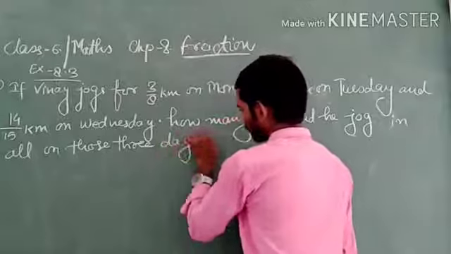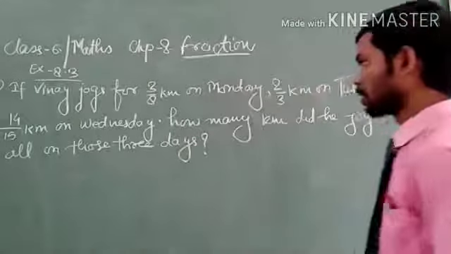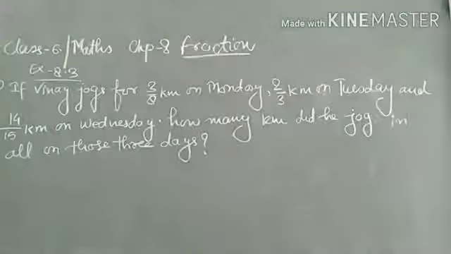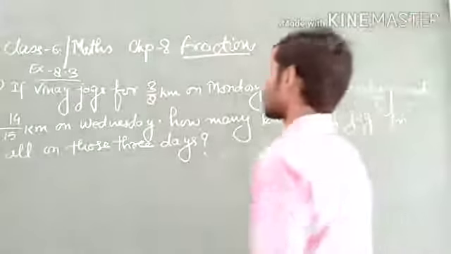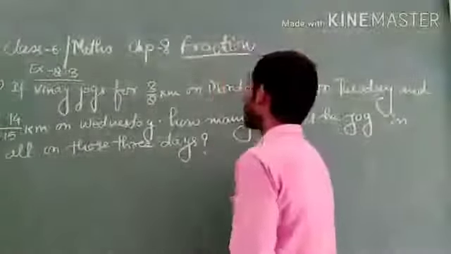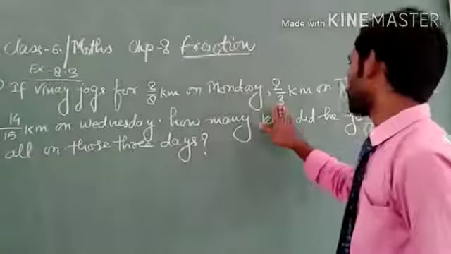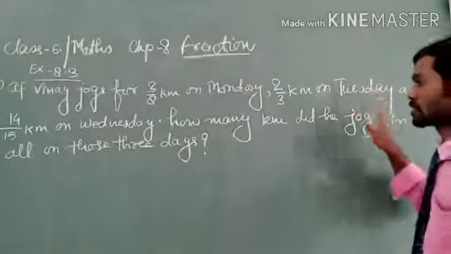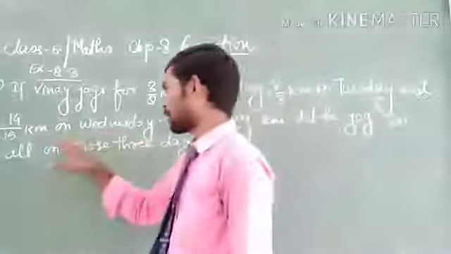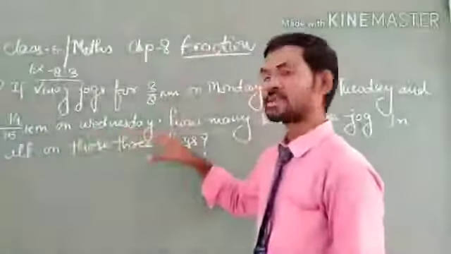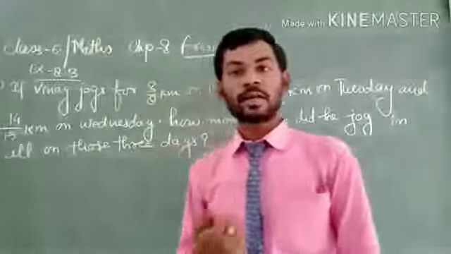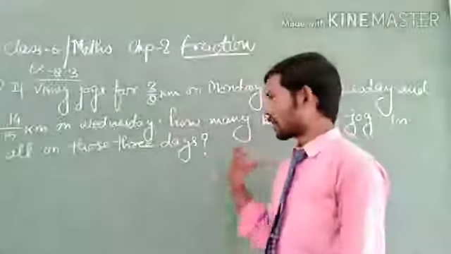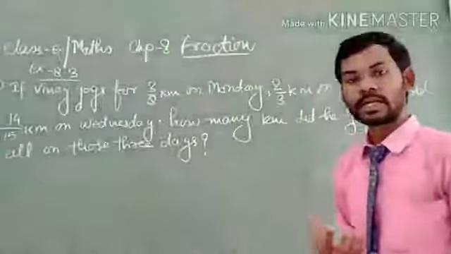So students, this is the given question. Let us see what the question says. If Vinay jogged 3/8 kilometers on Monday, 2/3 kilometers on Tuesday, and 14/15 kilometers on Wednesday, then we have to find the total distance jogged by Vinay in these 3 days.